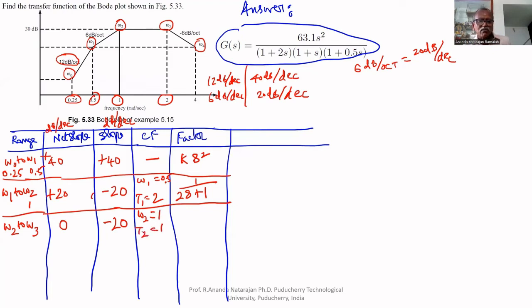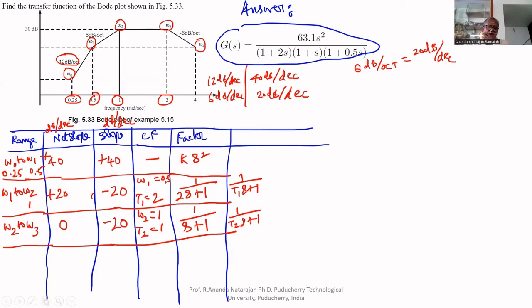Therefore, T2 equals 1. The contribution is minus 20, therefore 1 by s plus 1. Here the factors are 1 by T1 s plus 1 and 1 by T2 s plus 1, where T1 is 2 and T2 is 1.